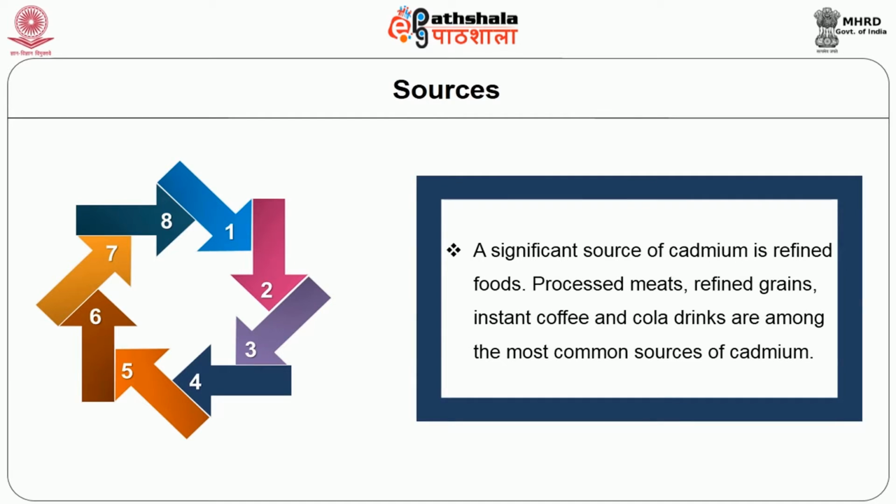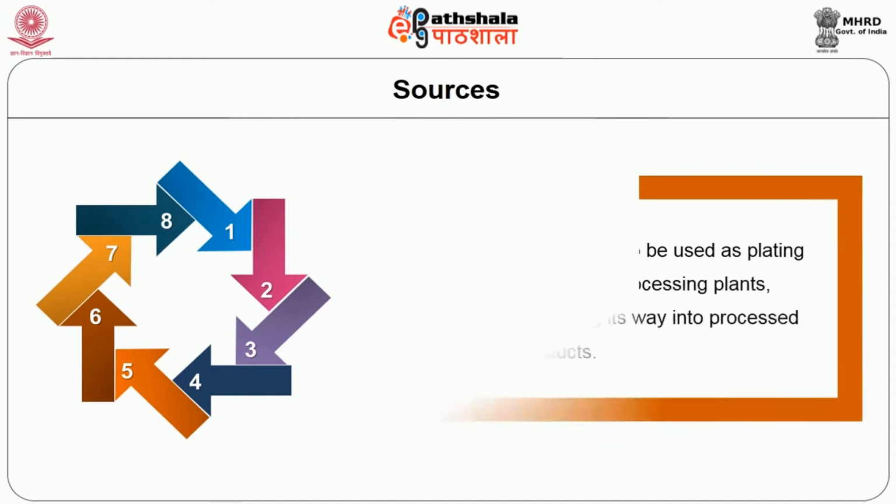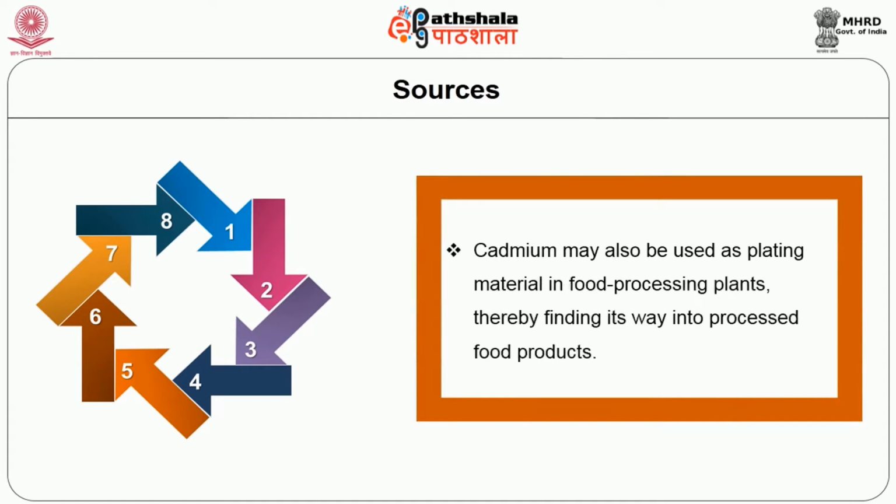A significant source of cadmium is refined foods. Processed meats, refined grains, instant coffee, and cola drinks are among the most common sources of cadmium. Cadmium may also be used as plating material in food processing plants, thereby finding its way into processed food products.